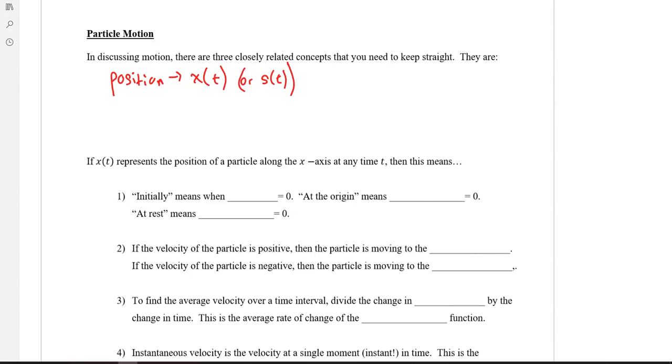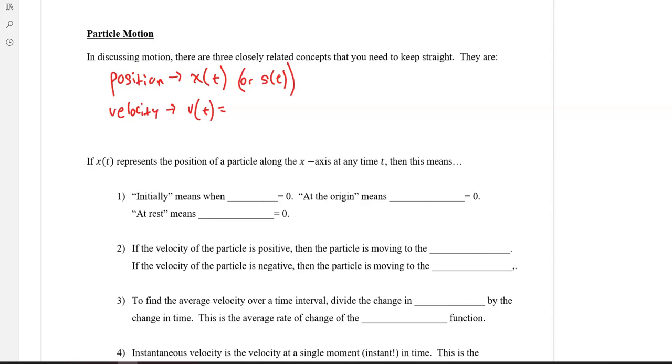And then the velocity of that particle as it's moving. The velocity is directly related to the position. We designate the velocity as v of t, but since it is the rate of change of the position, what else could we call it?